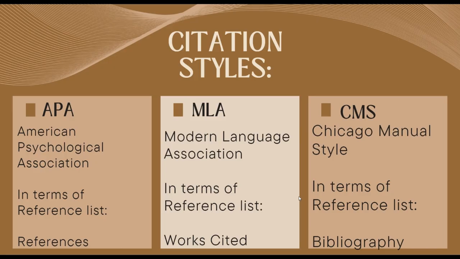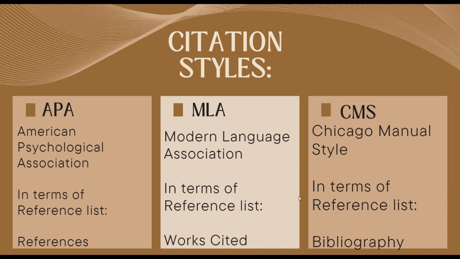Moving forward, let's proceed with the different citation styles. There are many different citation styles that we can use in citing or providing reference to our paper, but these three citation styles are the most common.